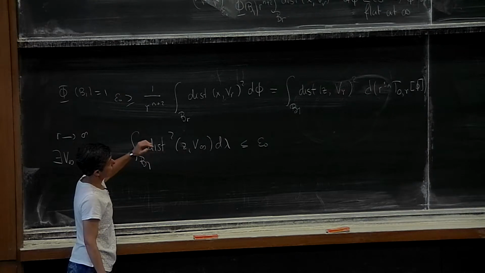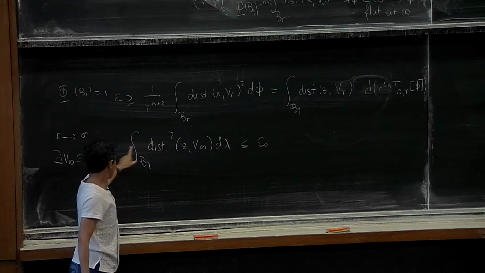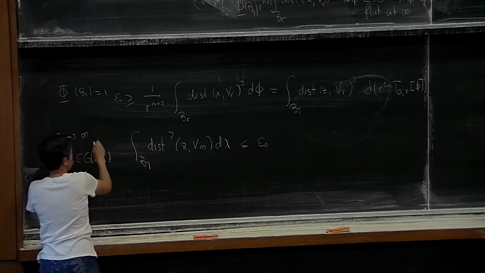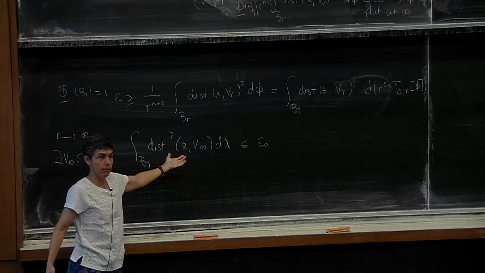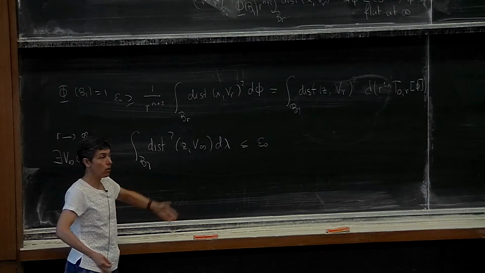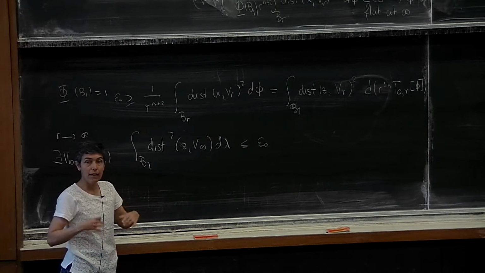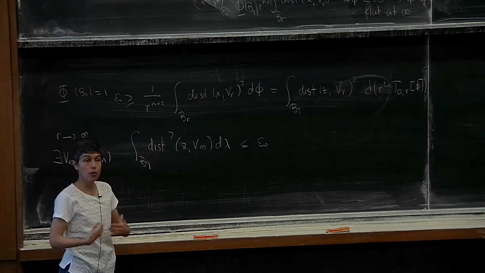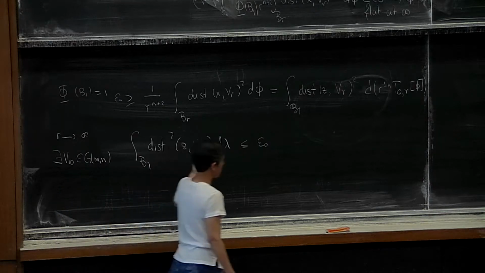So this condition, you see why I needed it for every r bigger than r0, so I can really let r go to infinity, tells me this. OK? So now I have gotten rid of phi. I have a condition on lambda. I want to prove something about lambda. So this is what I have to work with.